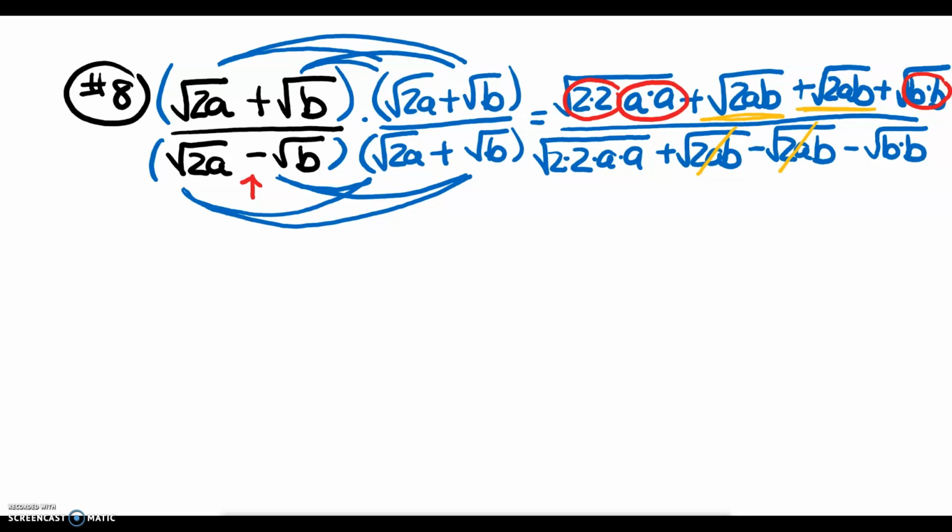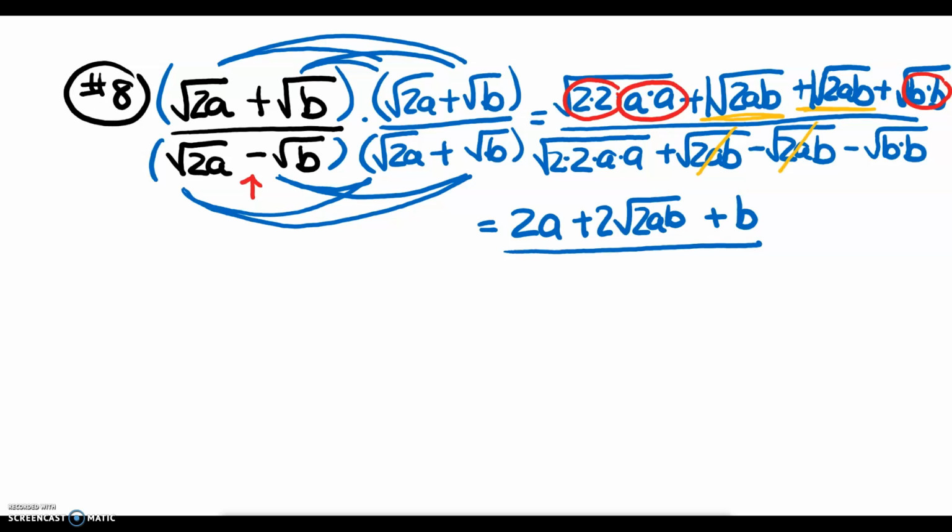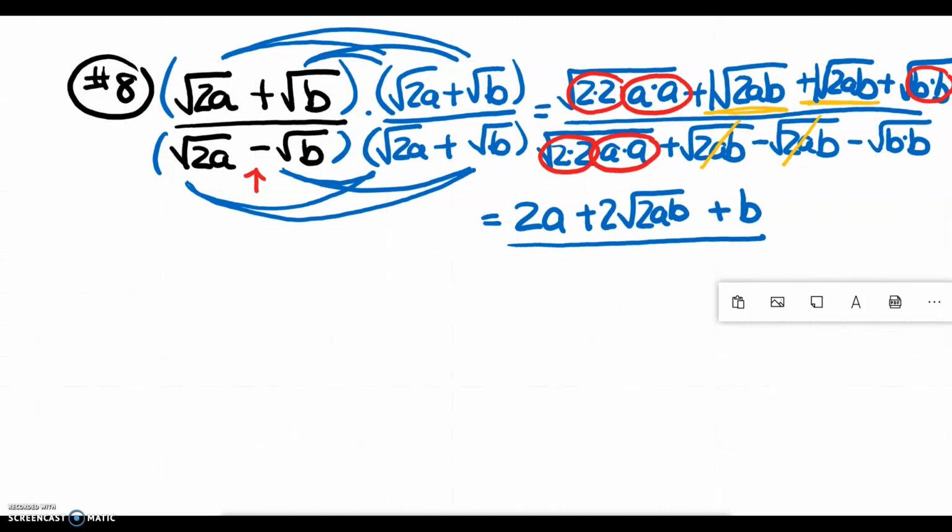So I'm going to pull out a group of 2 and the group of A. When I add radical 2AB plus 2AB, I get plus 2 radical 2AB, because remember I have the number 1 in front of those, so I add the numbers in front, and then I'm pulling out a group of 2 B's, so I get plus B. In the denominator, I have a group of 2 2's, a group of 2 A's, and a group of 2 B's.